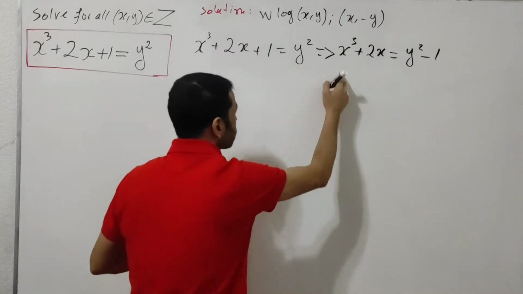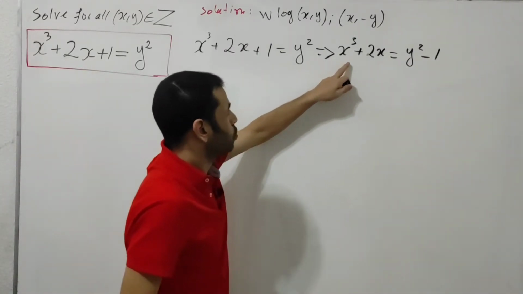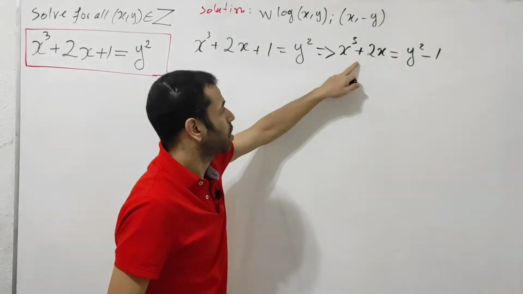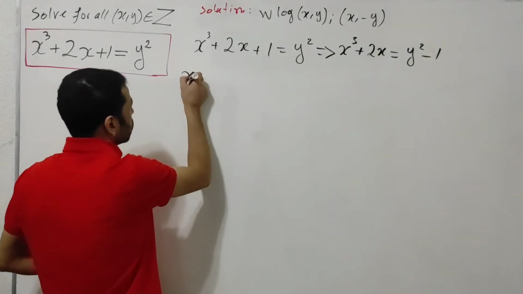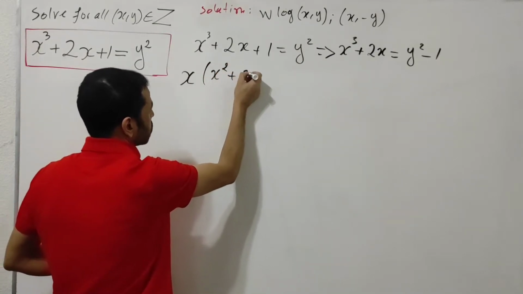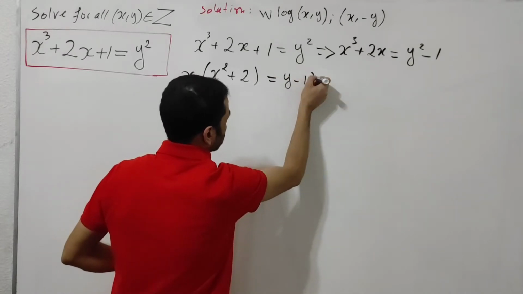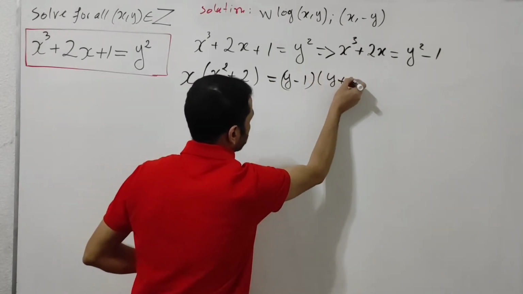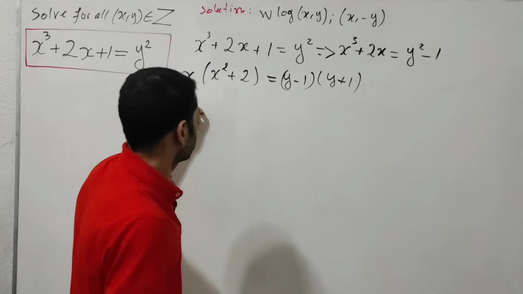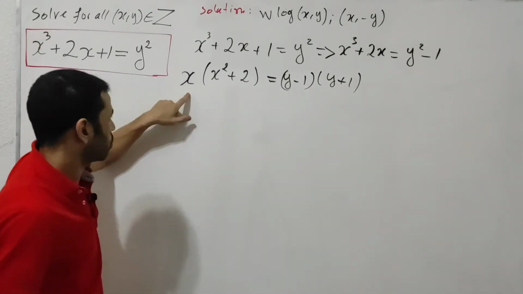For this one, I'm going to make x a common factor for the left hand side of this equation. I will get x multiplied by x squared plus 2 equals y minus 1 times y plus 1. Here are the roots: this one is a root, this one is a root, 0 is a root as well.